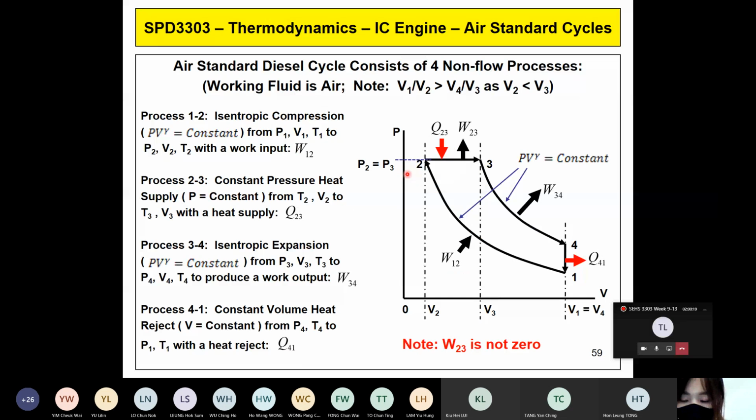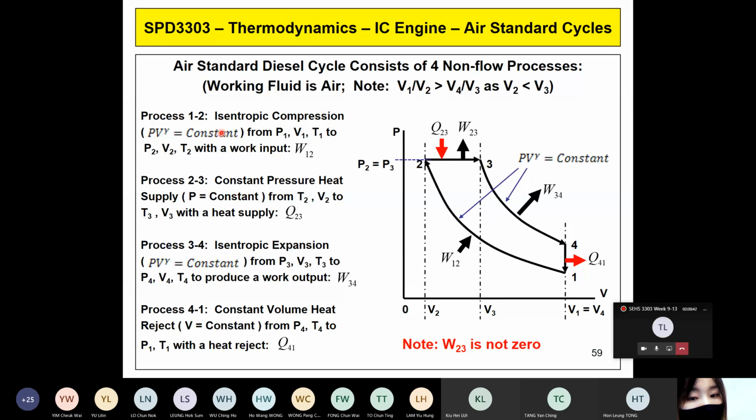Okay, I have already shown you how to draw this PV diagram. Process 1 to 2, isentropic compression, so we have the characteristics of the isentropic process. That is PV^gamma equals constant.